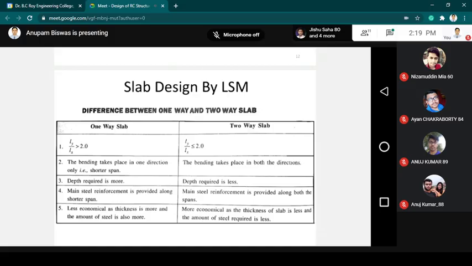The third point is depth required. The depth of the slab will be required more compared to the two-way slab, and in a two-way slab the depth required will be less because the distribution of the load is in both directions, shorter and longer.